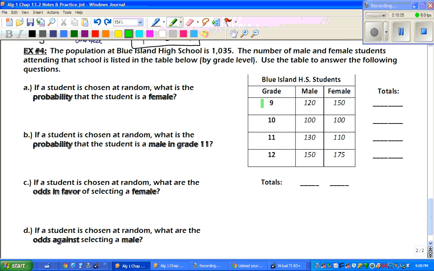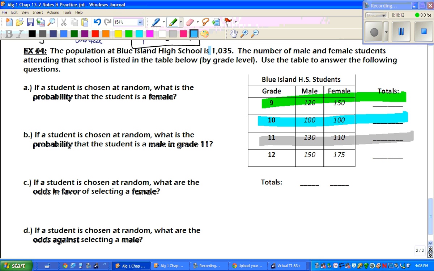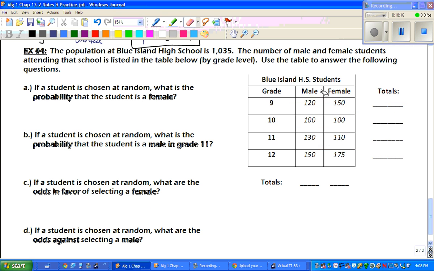And what we're supposed to do with that is add your totals going across and tell me what those are. Okay? And then once you're done with that, I want the totals going down. Okay? So all you have to do is add those numbers up. So I'm going to let you pause the video and come up with those on your own.